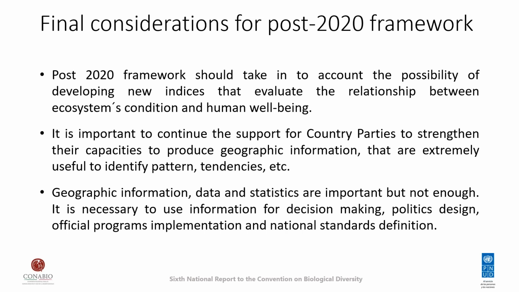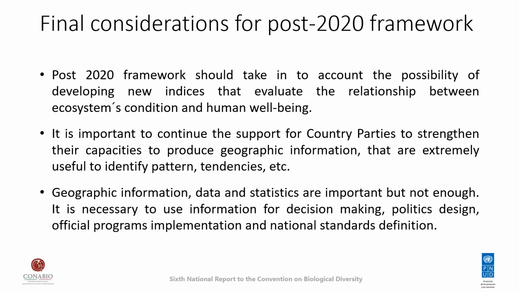But we thought also that geographic information, data, and statistics are important, but they are not enough, because it is necessary to use this kind of information for decision making, policy design, official programs implementation, and national standards definition.